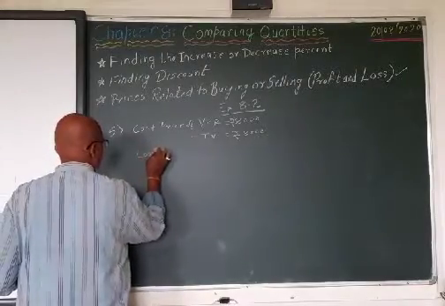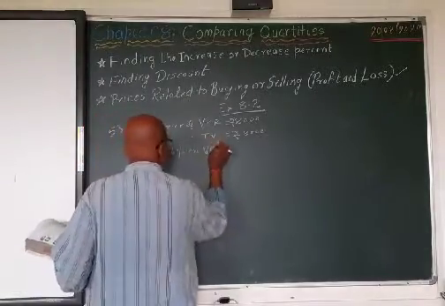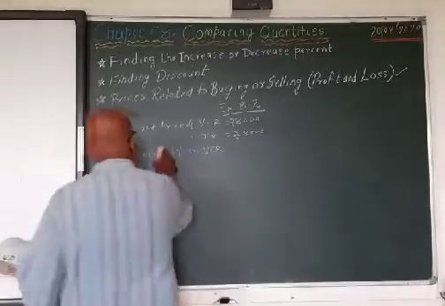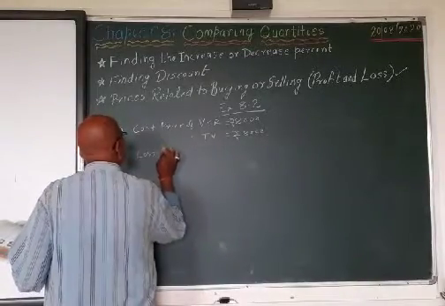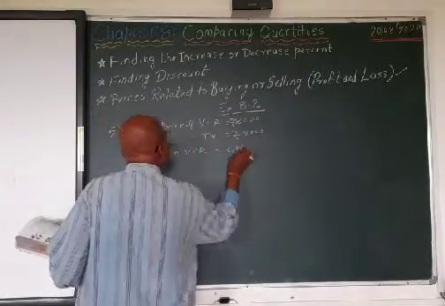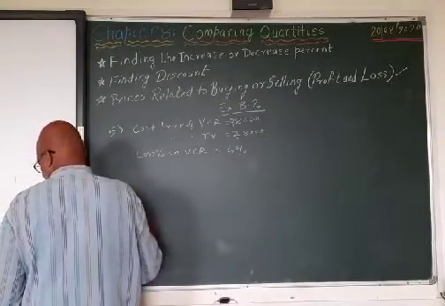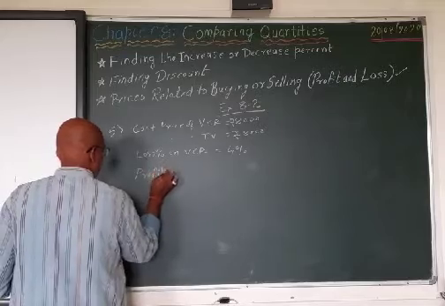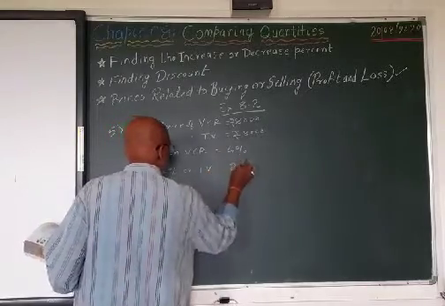Loss of 4% on VCR, or I will write another way: loss percentage on VCR equal to 4% and profit percentage on TV equal to 8%.